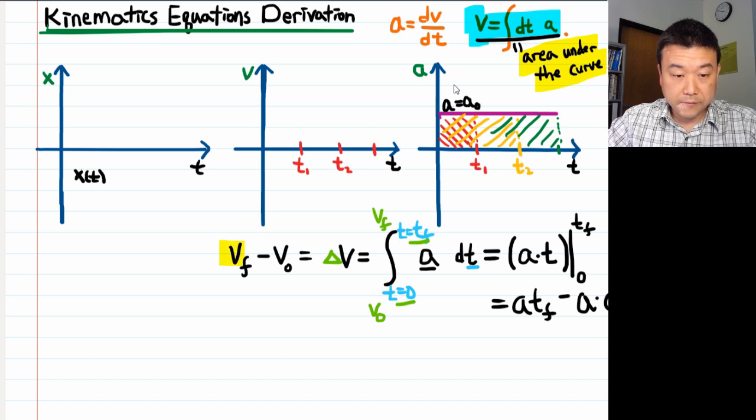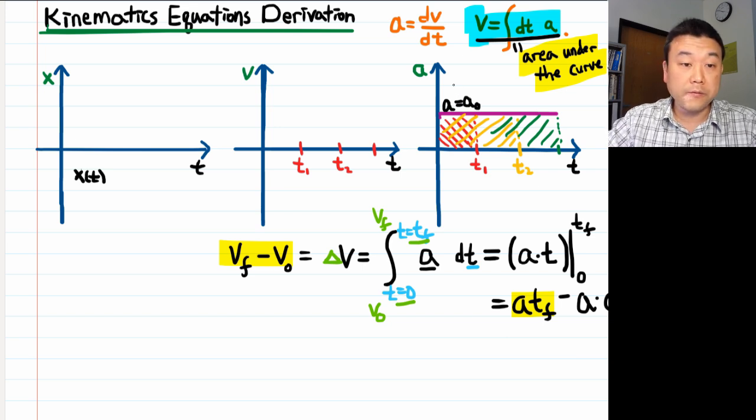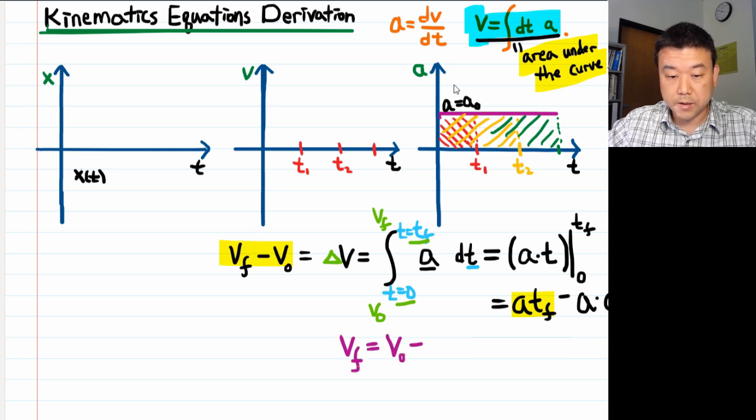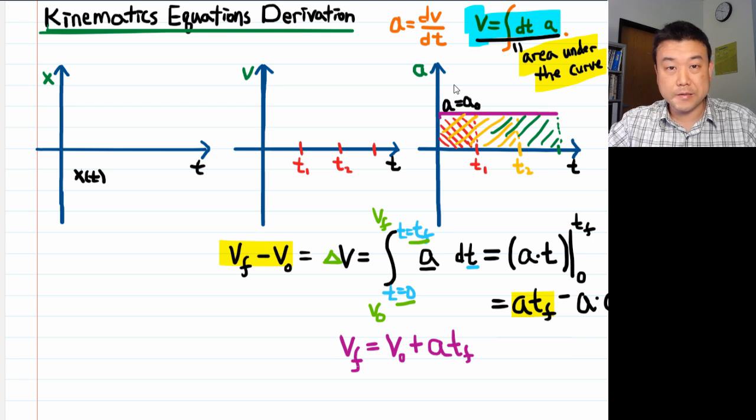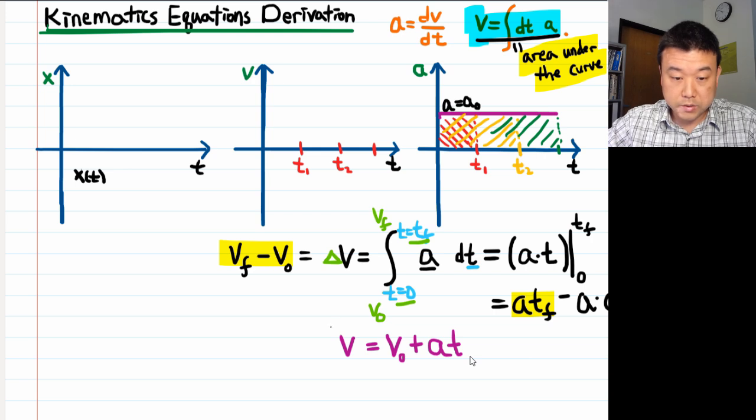So we have this left-hand side here and this right-hand side here. Let's solve this for the final velocity. Then the final velocity is equal to v naught plus acceleration times the final time. And as in your textbook, by convention, we get rid of that f subscript. So this is one of the kinematics equations for velocity under constant acceleration.